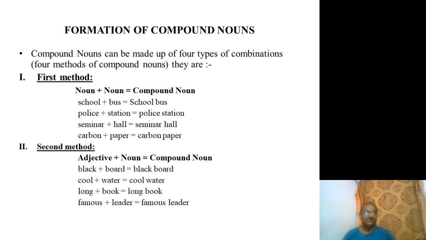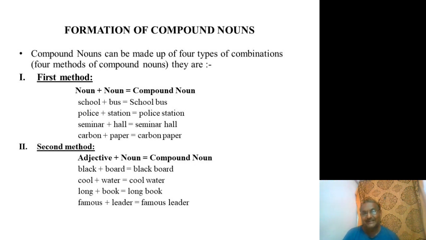Everyone has to keep this in mind. In most of the books, compound nouns are not mentioned, and that's the reason that in examinations, academic or competitive, when this type of question is asked, we get confused. The moment you see blackboard, is it a noun? Yes, it's a noun.